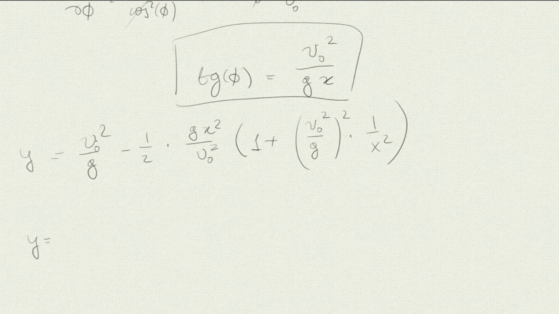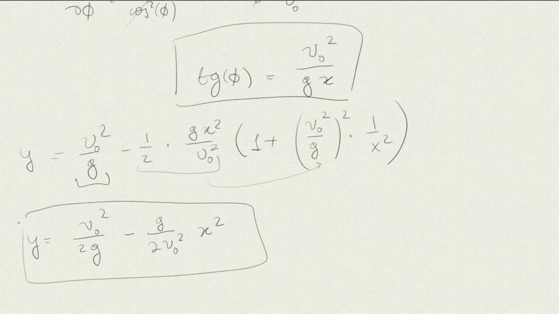So we're going to have v0 squared over g minus v0 squared over g divided by 2. This term combined with these is just going to give us v0 squared divided by 2g. And then the other term here is minus g divided by 2 v0 squared x squared. And this is the equation for the envelope.